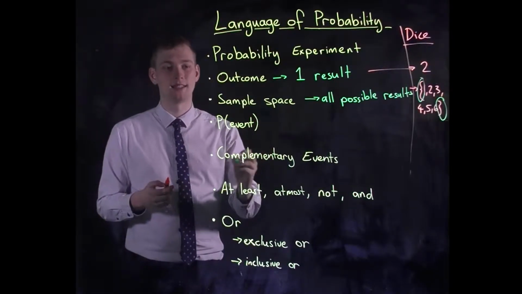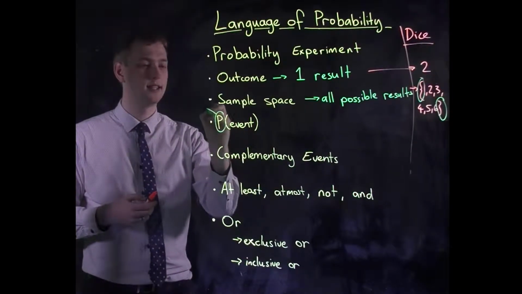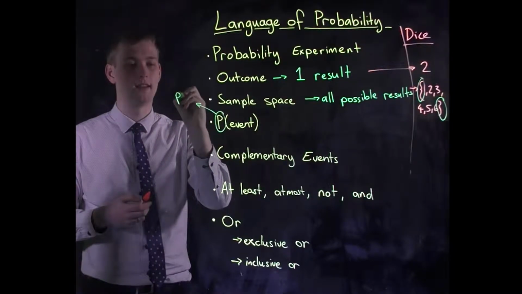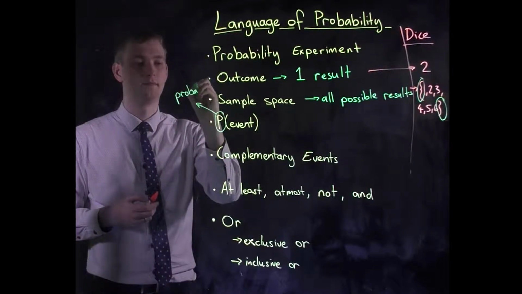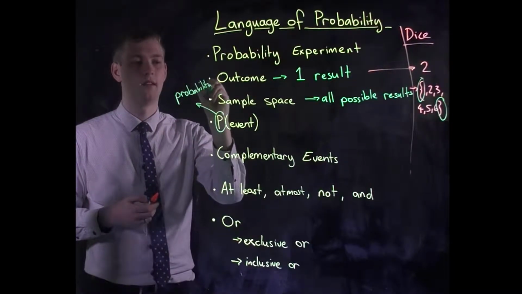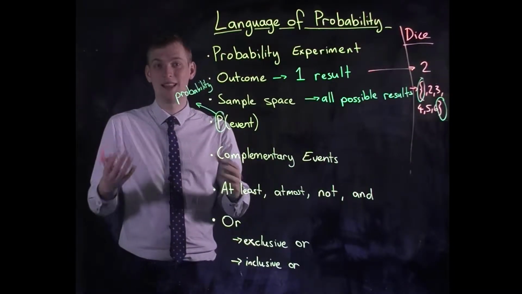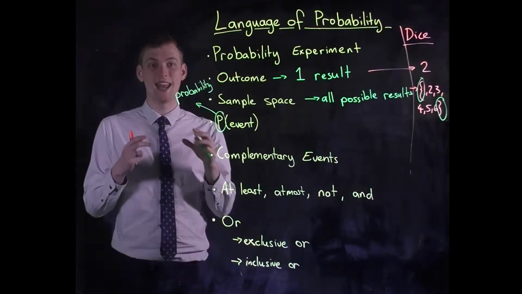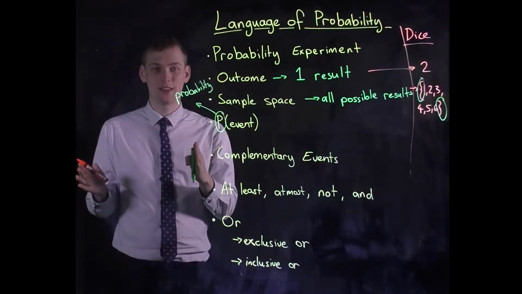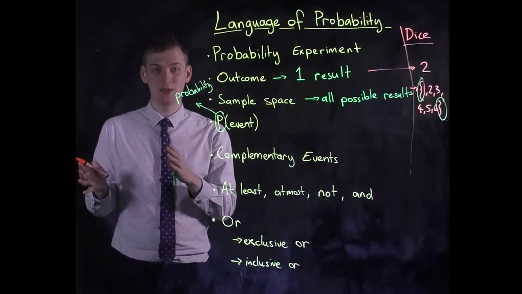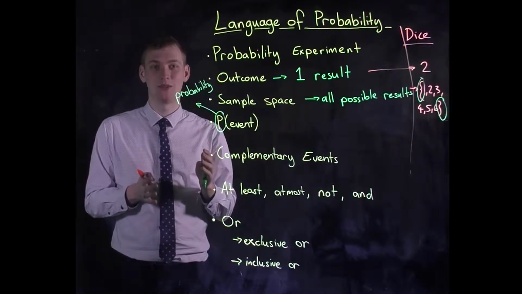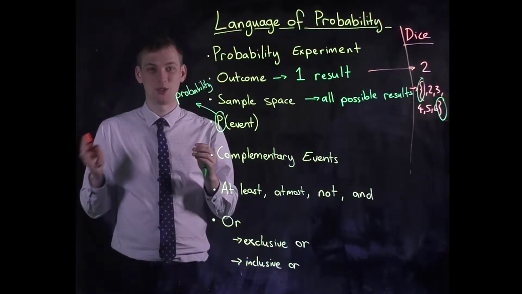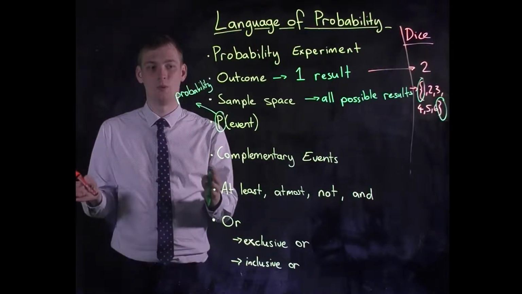Now, P of event, this P here just means probability. So we're finding the chance, or how likely this thing is to happen. And with P of event, we're going to get a number which is greater than or equal to 0 and less than or equal to 1. So it's going to be a number between, inclusive of, 0 and 1.